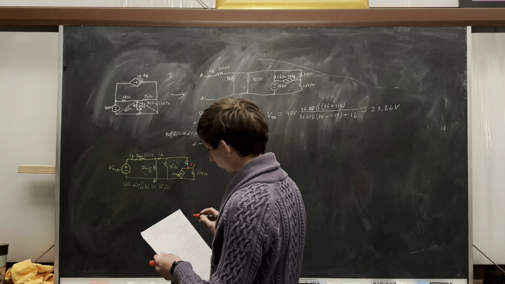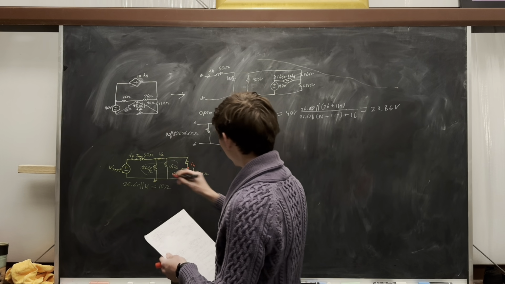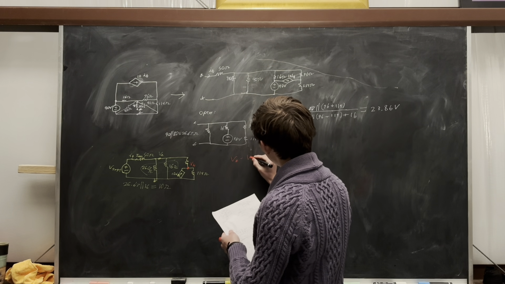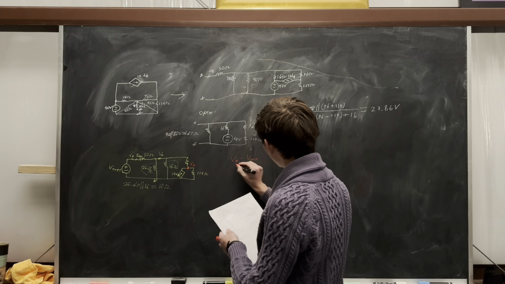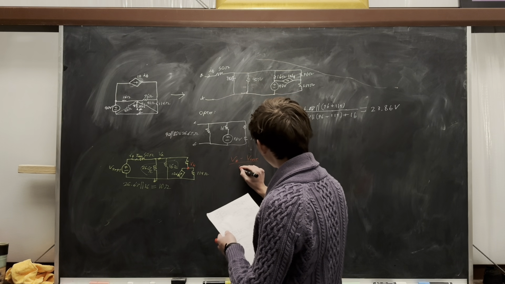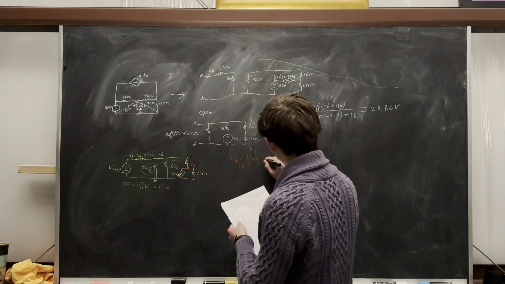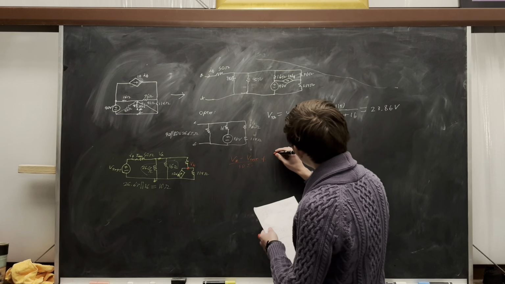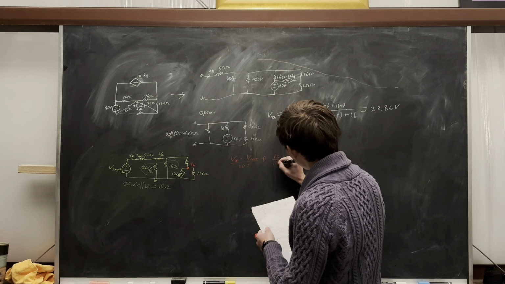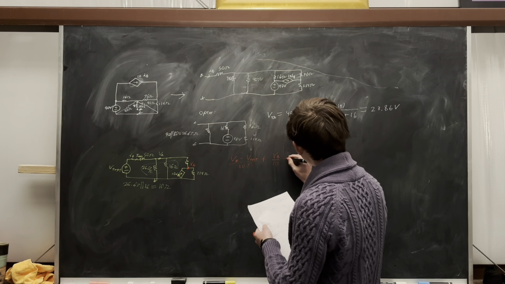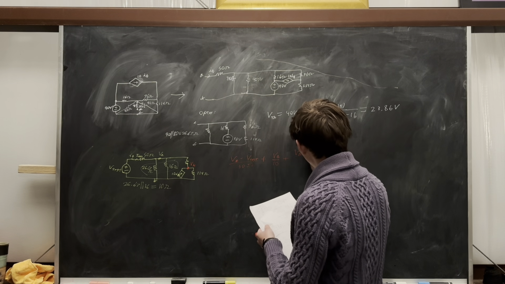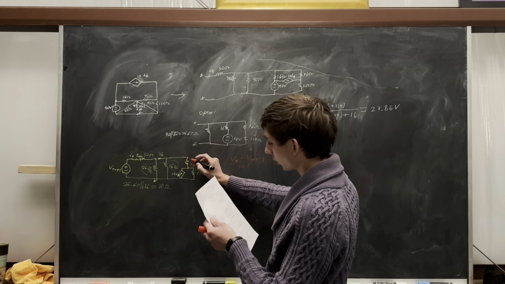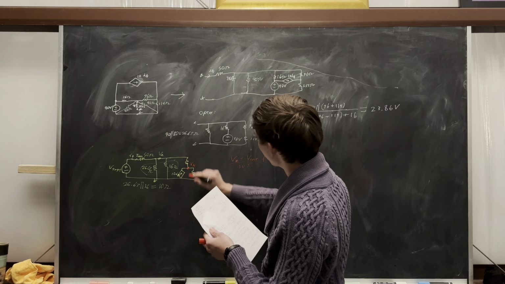So KCL at node A, VA minus V test of 50 ohms plus VA over 10 plus VA minus VB over the value of this resistor, which I didn't appear to have written down.